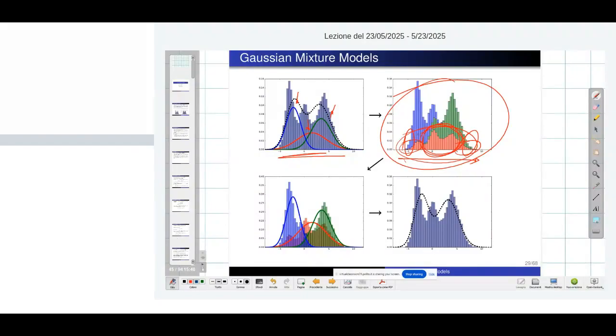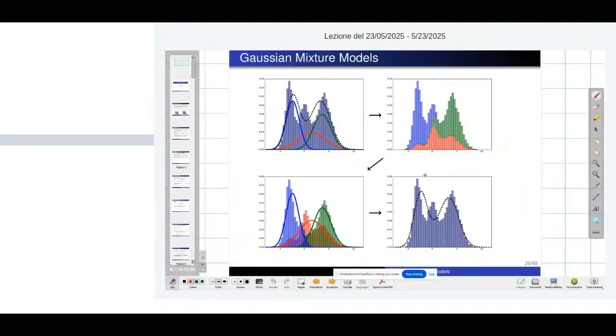And we can see that when we try to estimate the new components, it's as if we were fitting a Gaussian to the red histogram, and equivalently for the other two components. When we put everything together, this is what we get. If we keep iterating, we will see that at some point, the 3 will move in place.